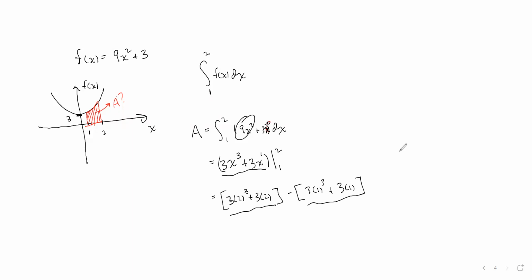You see it there, and I subtract. Let's simplify. 3 times 2 cubed. 2 cubed is 8. 3 times 8 is 24 plus 6 minus 3 plus 3. And this just equals 24. So I guess the area underneath the parabola 9x squared plus 3 is equal to 24.